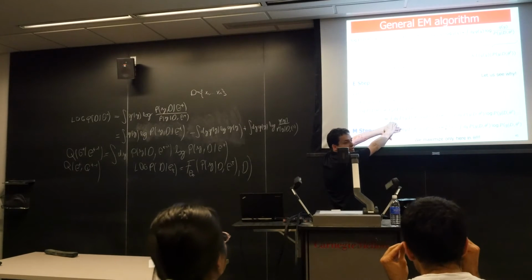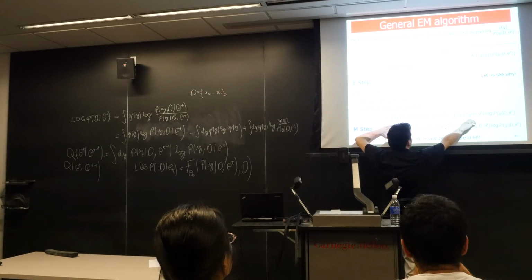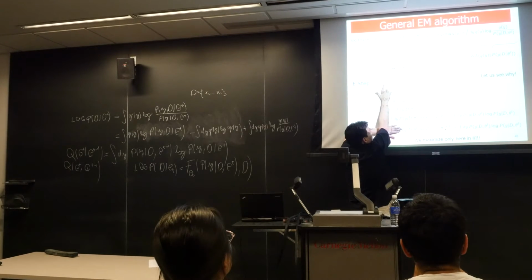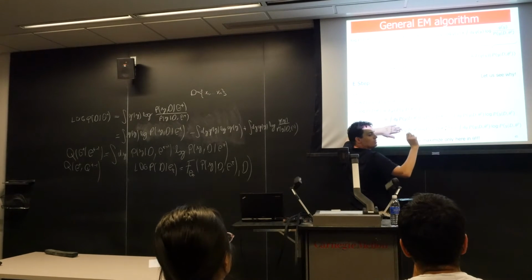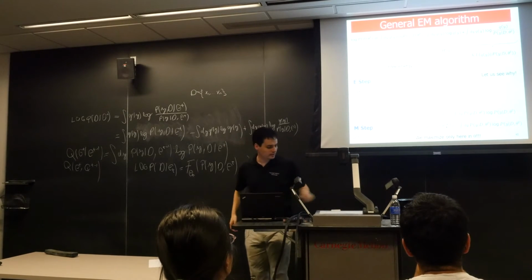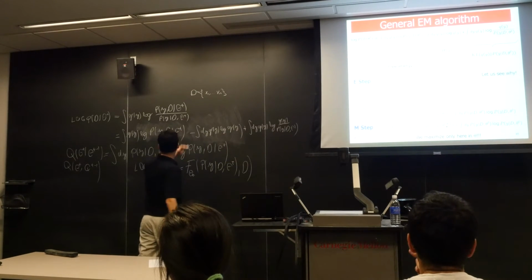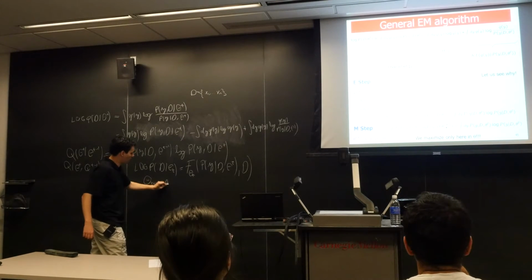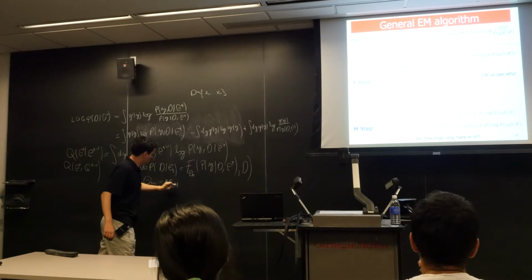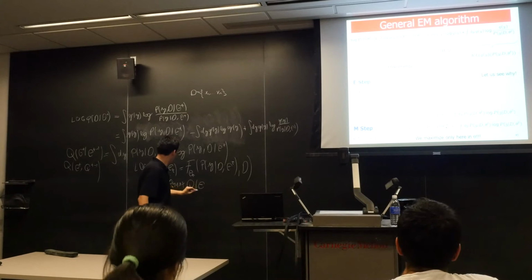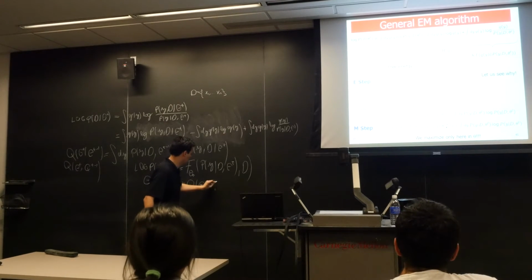That the log likelihood is just this expression. And if I maximize this Q in theta, where I get the maximum, that will be theta t plus 1. Okay, so let me write it here. Theta t plus 1 is the arg max of Q(theta, theta t).